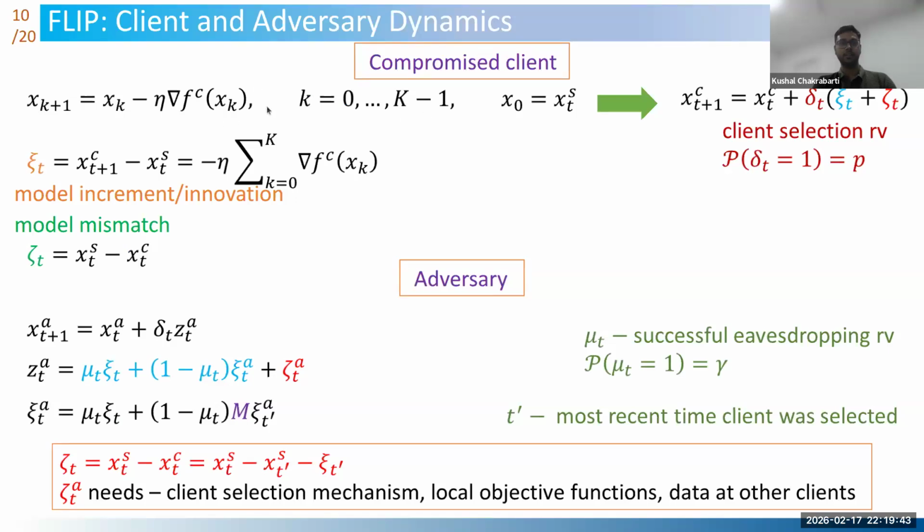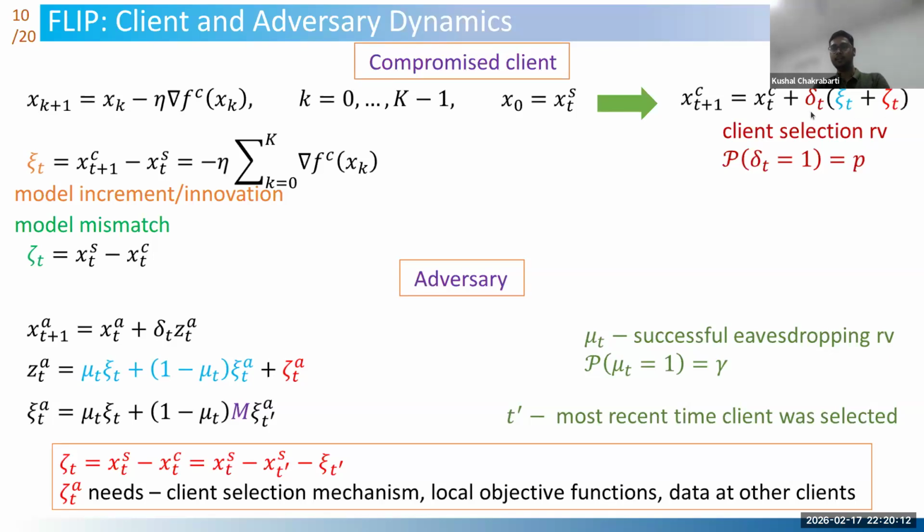After the inner iterations are over, this will be the accumulated gradient, which I am denoting here with the variable psi at time t. Equivalently, you can also represent the model of the client at time t plus 1 after these inner iterations in terms of this dynamics on the extreme right hand side.